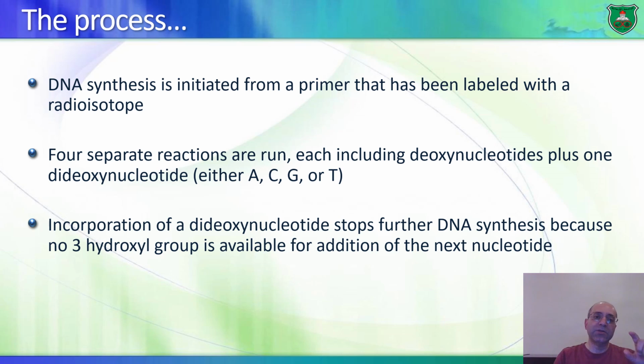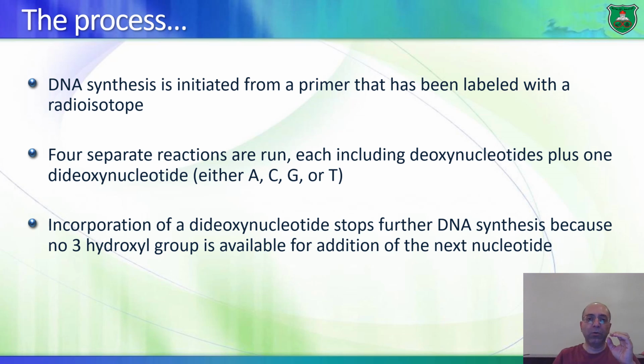Now, we also need a dideoxynucleotide. So we're going to have 4 reactions, 4 tubes. In each one of them, we're going to have the template to be sequenced, a DNA polymerase, the 4 substrates, a single primer, and 1 dideoxynucleotide. In other words, to tube number 1, we add dideoxy G. To tube number 2, we add dideoxy C. Then we add dideoxy T to the 3rd tube, and dideoxy A to the 4th tube.